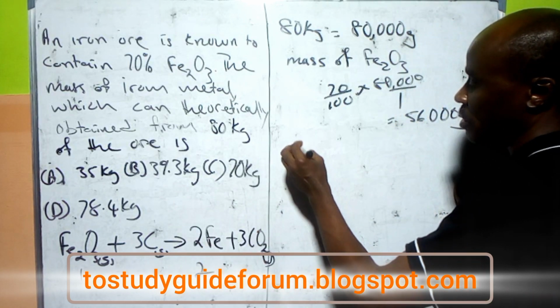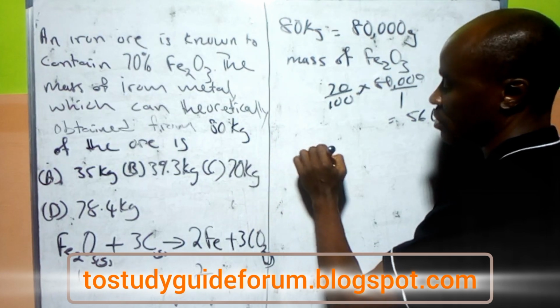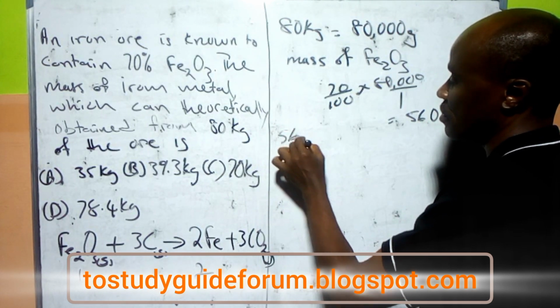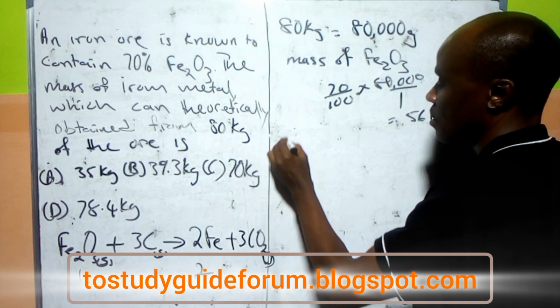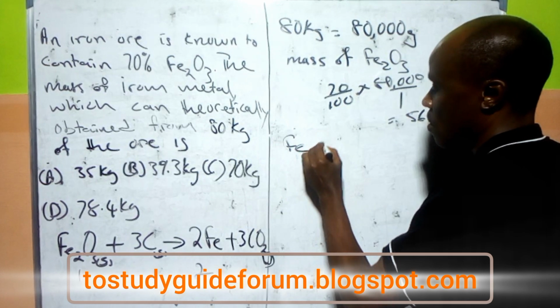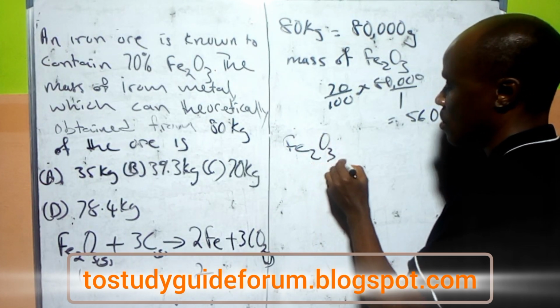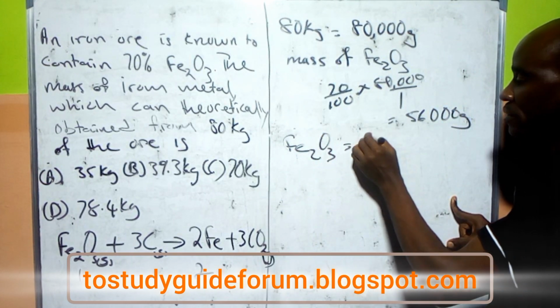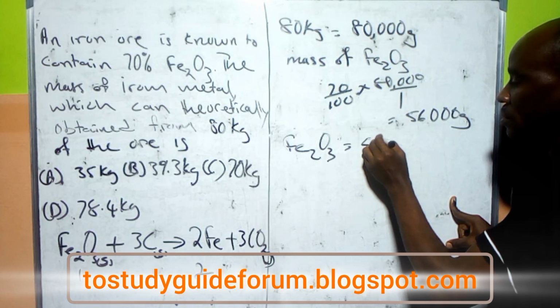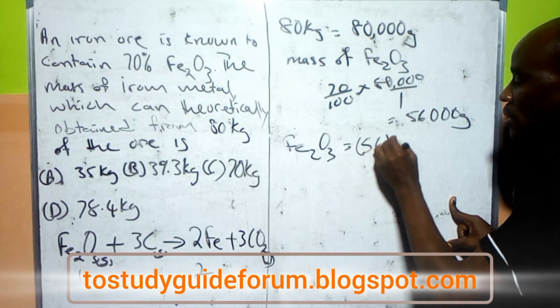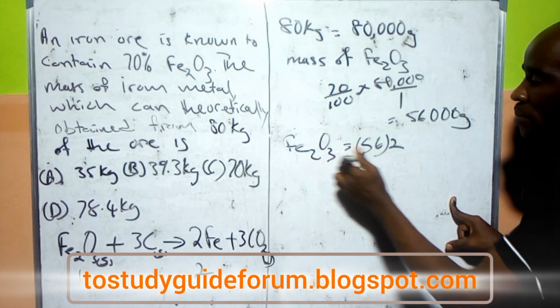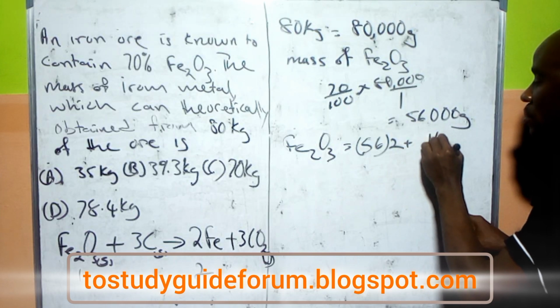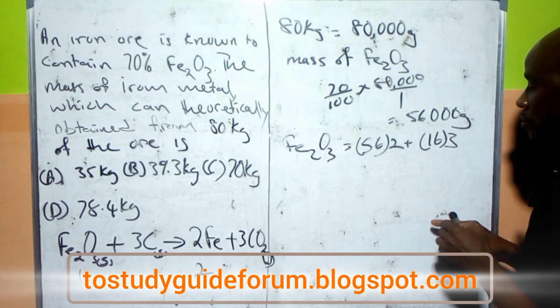The molar mass of iron 3 oxide: iron is 56, times 2 because we have 2 here, plus 16 times 3.